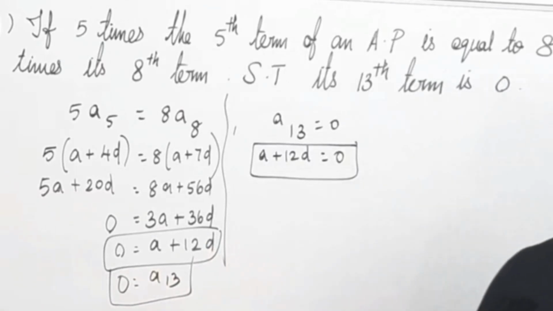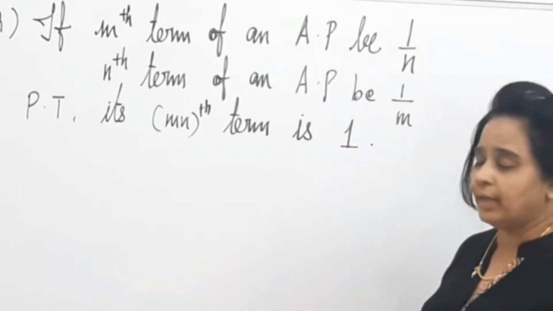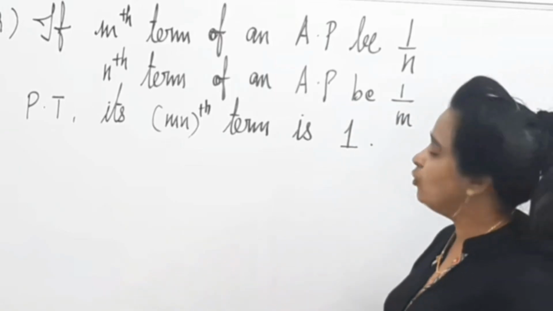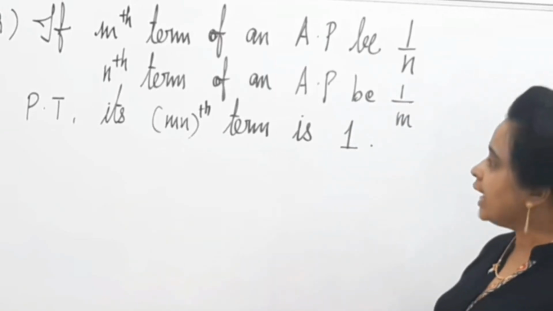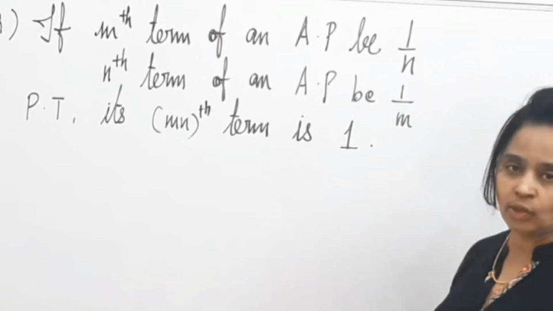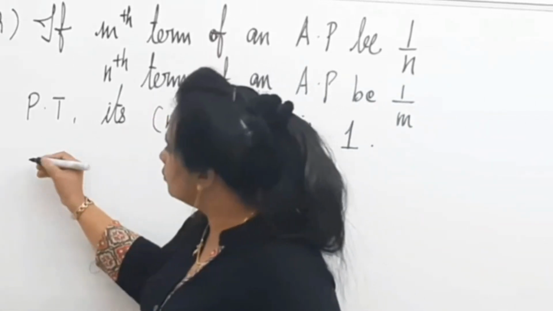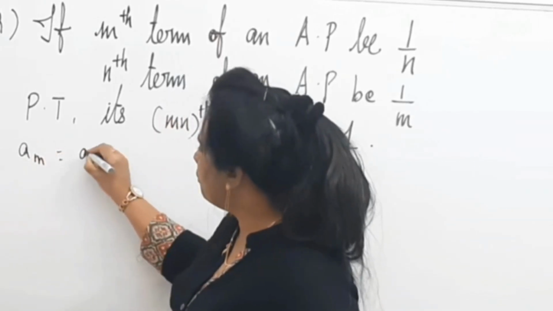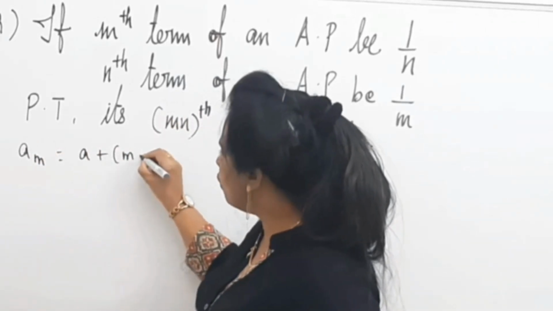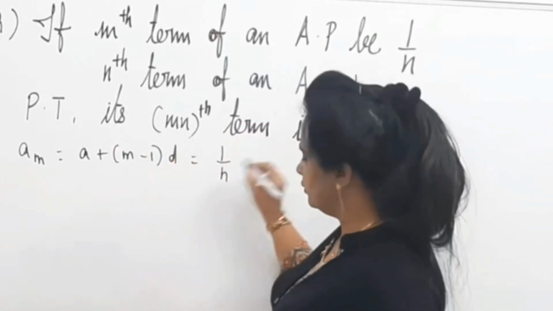It's proved. Simplest. If the mth term of an AP is 1 by n, and the nth term of an AP is 1 by m, prove that its mnth term is 1. First let me write what is given. The mth term, that is am, is equal to a plus m minus 1 into d, which is given as 1 by n.